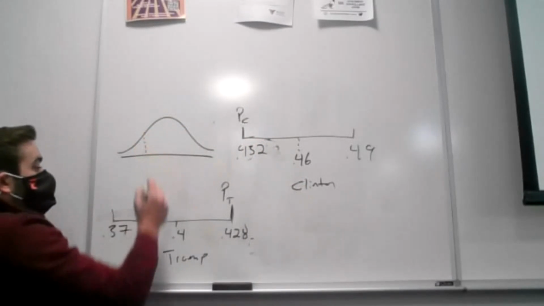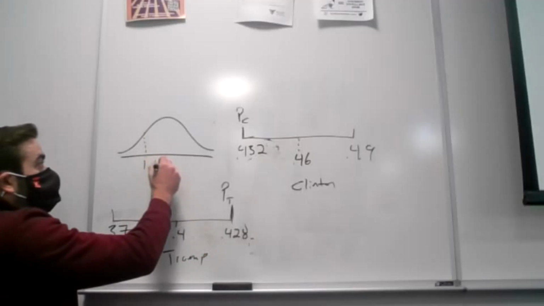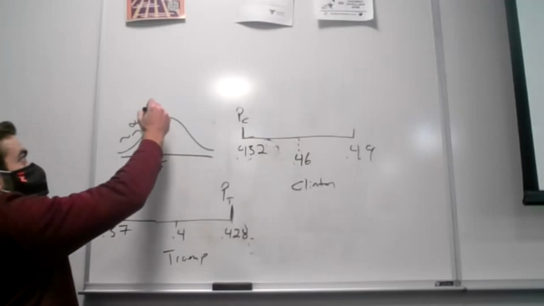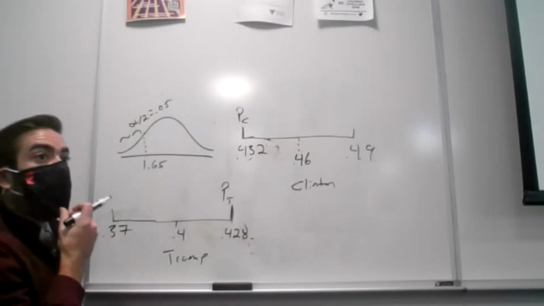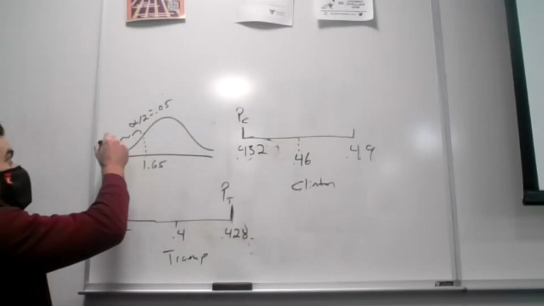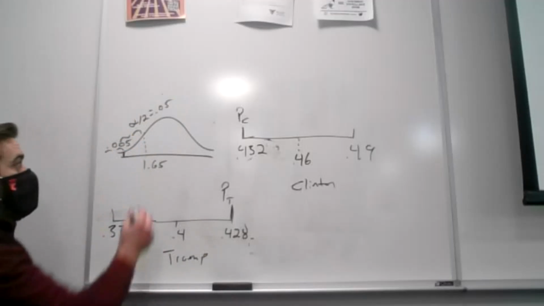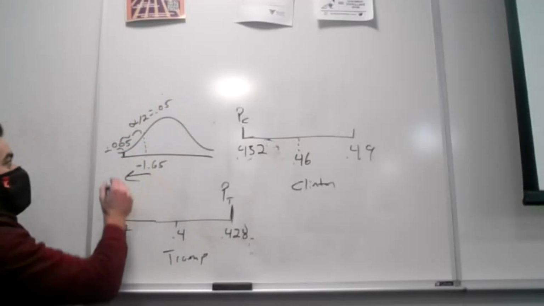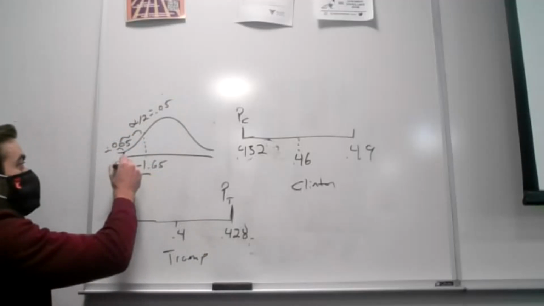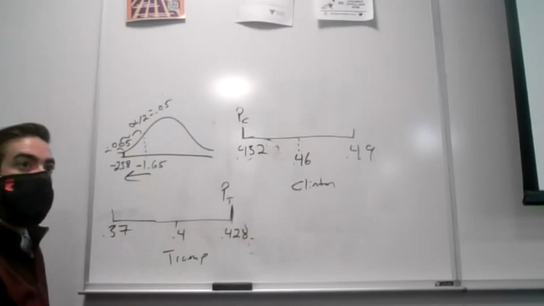So before, the z-score of 1.65 corresponded to an area of alpha over 2, which is 0.05. Well, if alpha is 0.01, the area I now want in the tail is 0.005. So I'm going to have a larger value in absolute value. This will be, I think, negative 2.58, right?